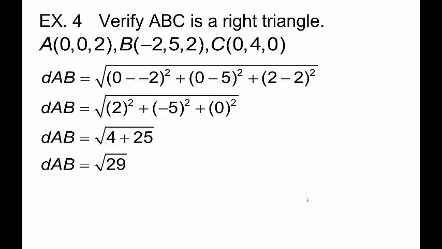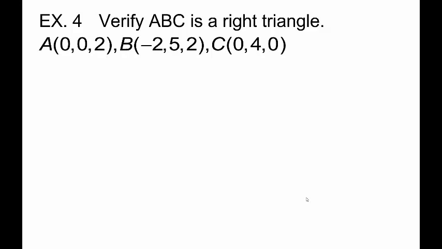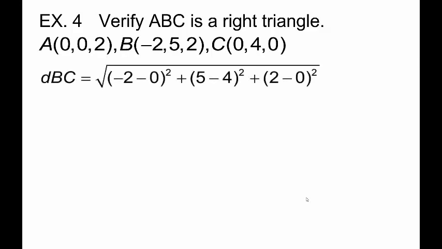Okay, so now we need to find another segment or another two pieces of this right triangle, or what we think might be a right triangle. So we're going to find the distance from B to C. So the distance from B to C is going to be the square root of negative 2 minus 0 squared plus 5 minus 4 squared plus 2 minus 0 squared.